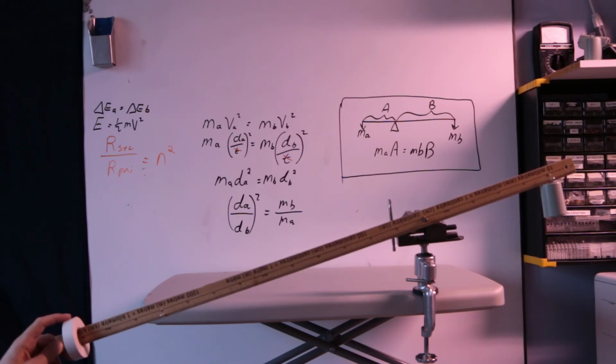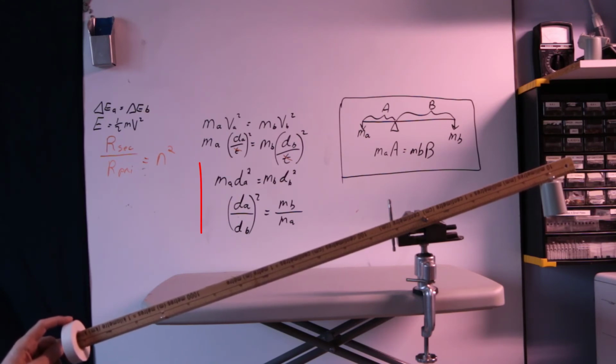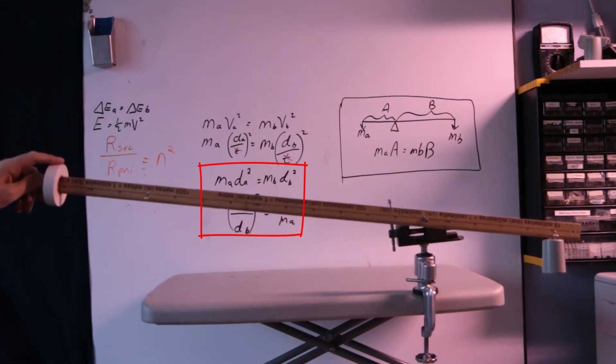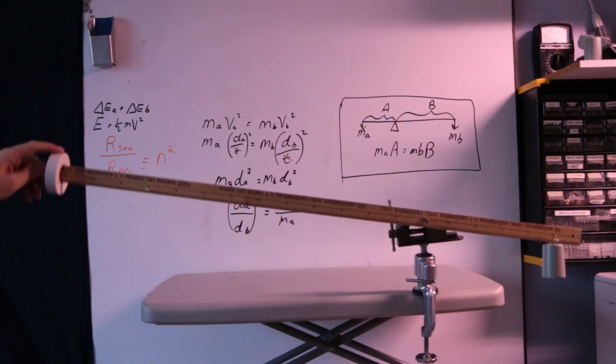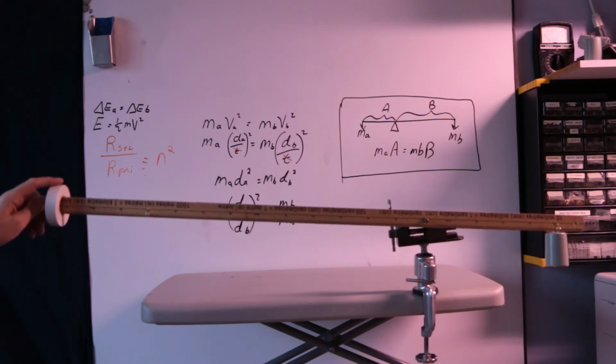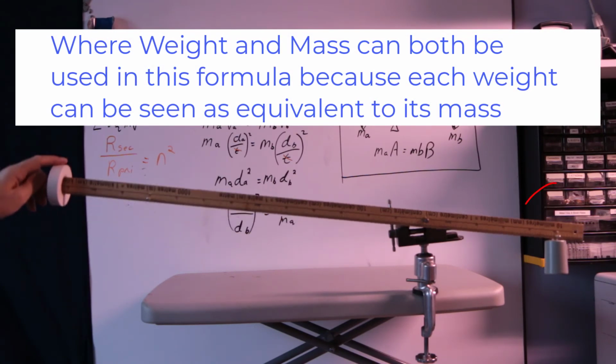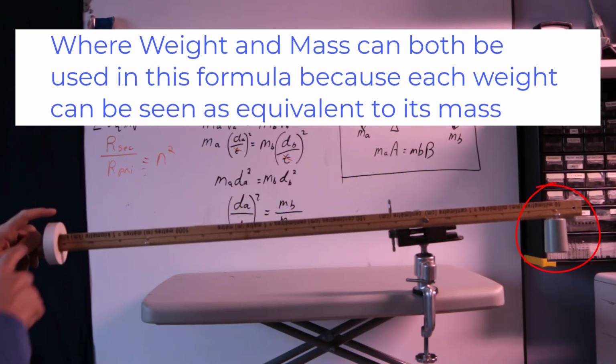Oh, look at that. I can unpack that more and then solve for d: the distance that this travels, A, over the distance that that travels, squared, is equivalent to the weight of that over the weight of this.